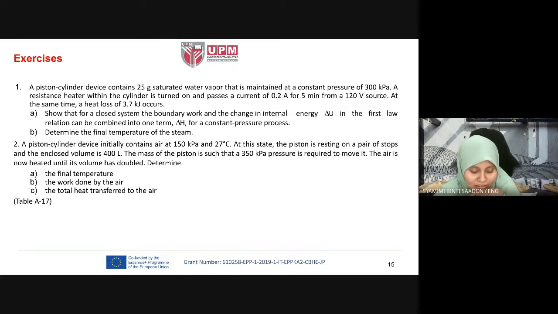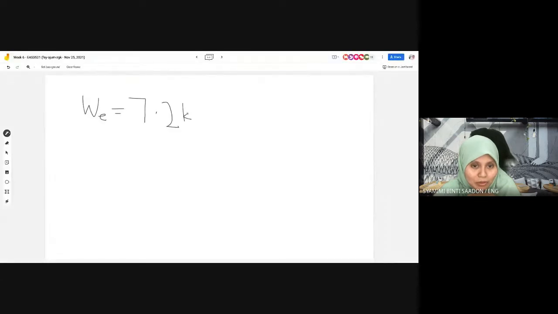And then Q out, the heat loss, is negative. And then the boundary work is still negative. Okay, so like this. Sini tadi, this one is 7.2 kilojoule.